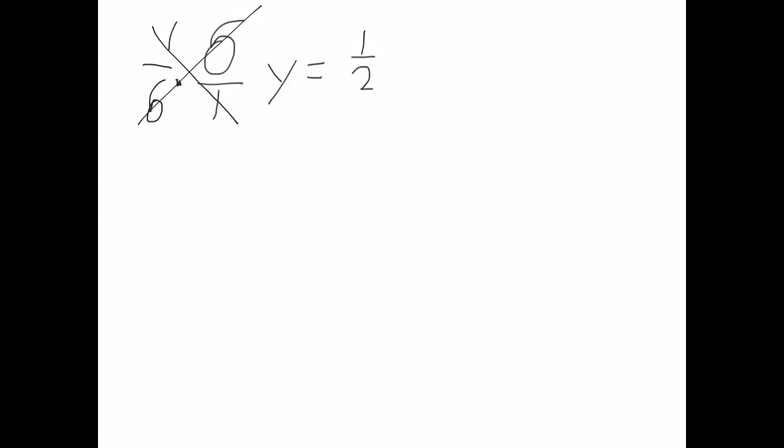So this will be a times 6 over 1. And you still can't cancel anything out. So this is going to be a 1, and down here will be a 12.